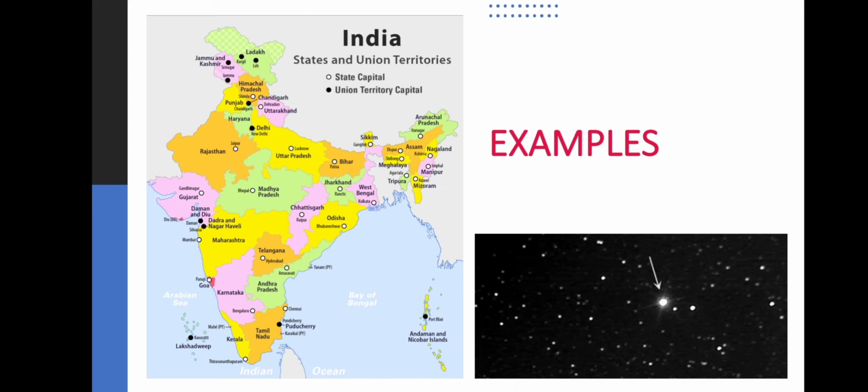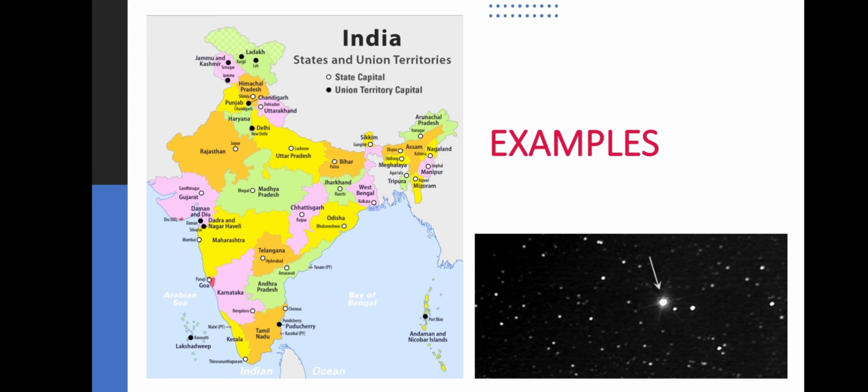See the next picture. If we observe the sky, we see so many stars, but distant stars look like dots or points. Isn't it? Yes. Distant stars also give an idea of a point.